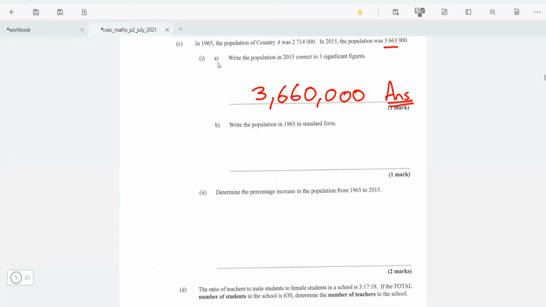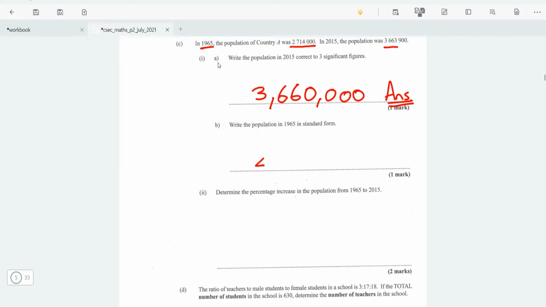Now this says, write the population of 1965 in standard form. Now this is 2015. 1965 is this population right here. In standard form, you're bringing the zeros back 1, 2, 3, 4, 5, 6 places to the left.